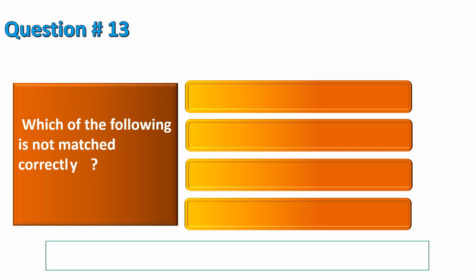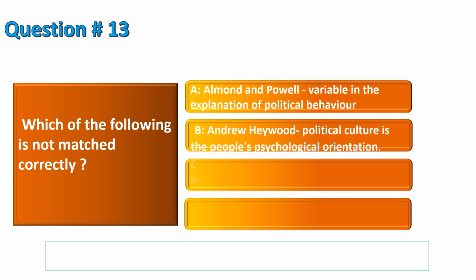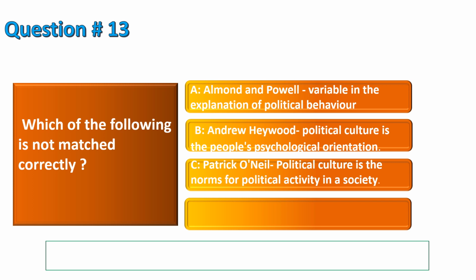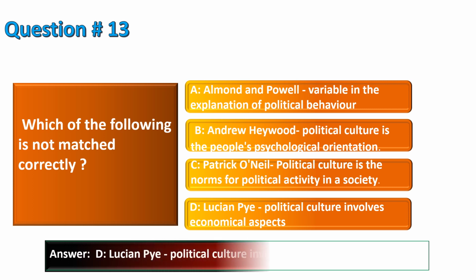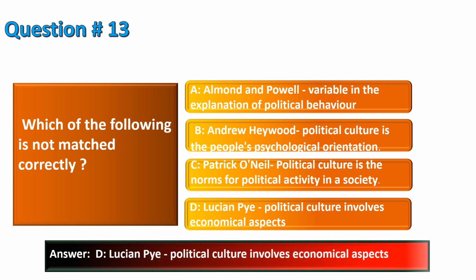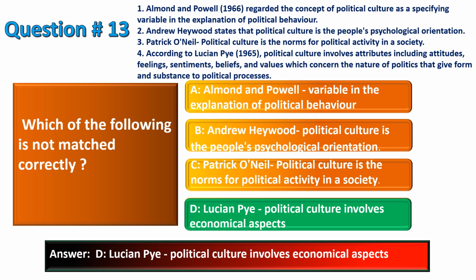Which of the following is not matched correctly? Options are given to you. You have to select the correct option. The correct option is option D. Lucian Pye: political culture involves economical aspects. Almond and Powell regarded the concept of political culture as a specifying variable in the explanation of political behavior.